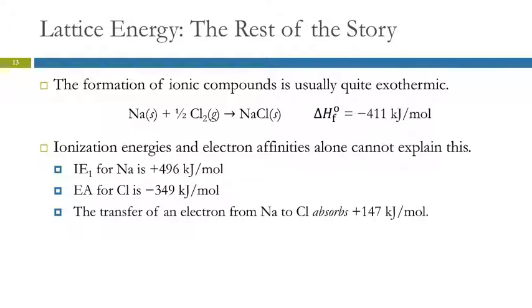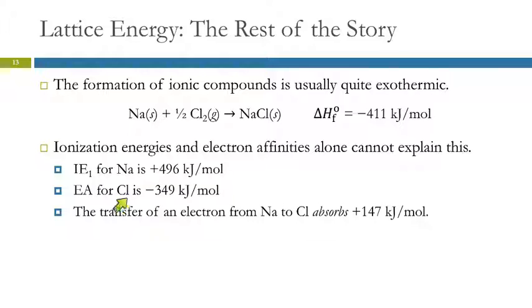Well, where is this energy coming from? We've talked about ionization energy and electron affinity. What's happening here is this sodium has 1 valence electron. It's transferring its valence electron to a chlorine atom. So that's an ionization energy for sodium. It requires 496 kilojoules of energy to be given to sodium to pull that 1 electron off.